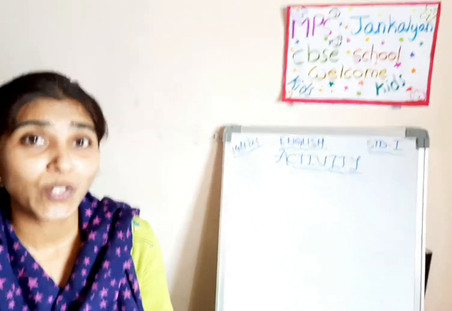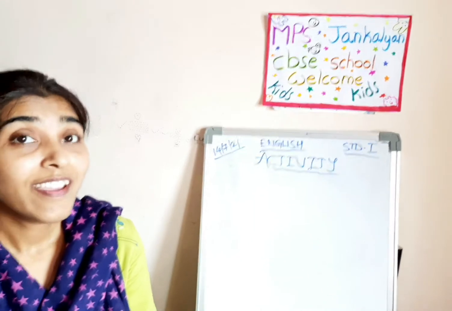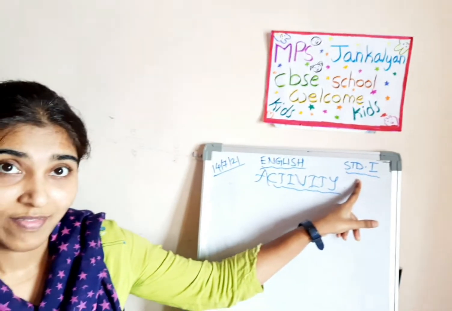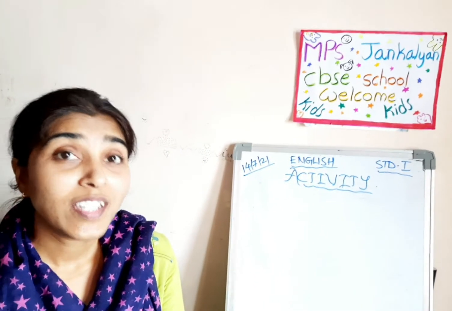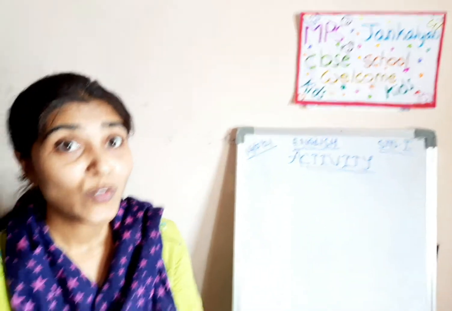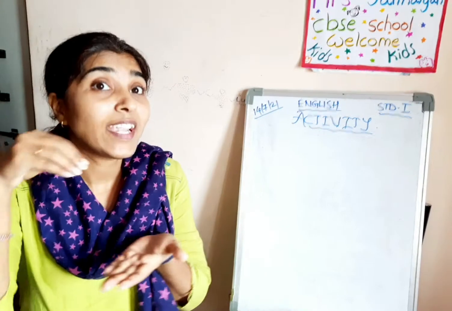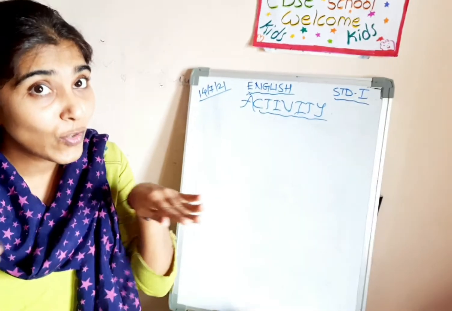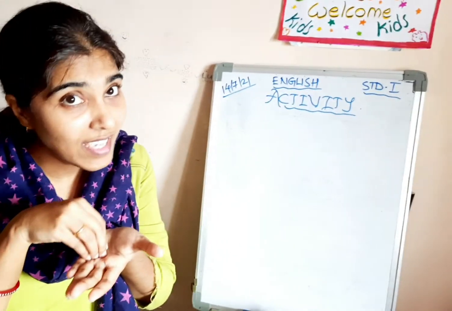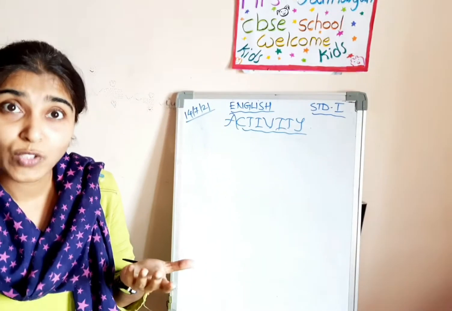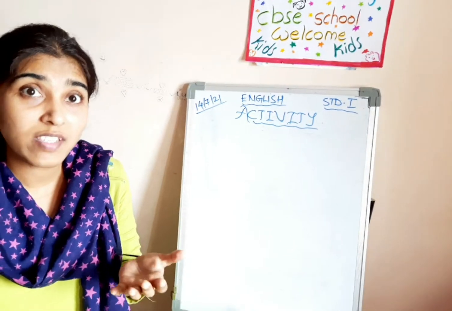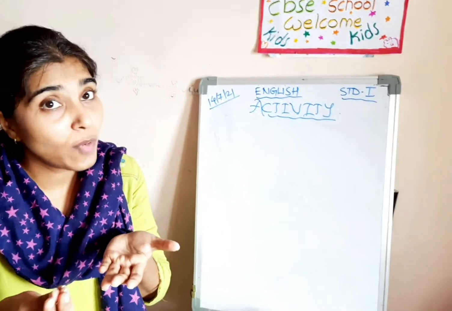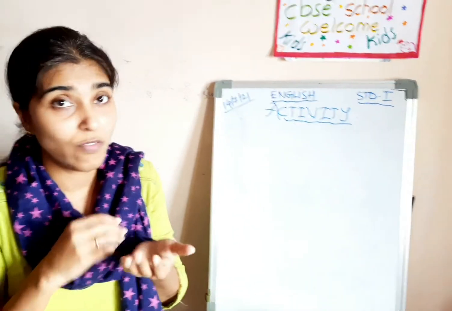Today we are going to do an activity in our English subject for class 1. The name of the activity is Float and Sink. We are going to see some of the objects that float on the water and few objects that sink in the water.